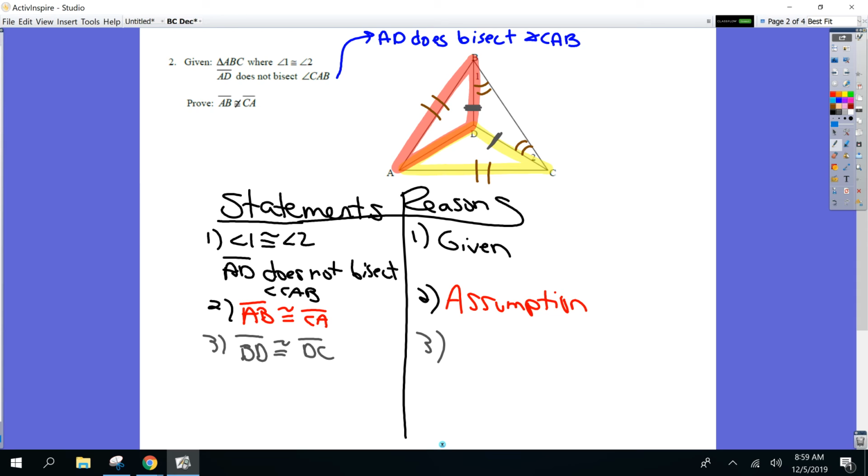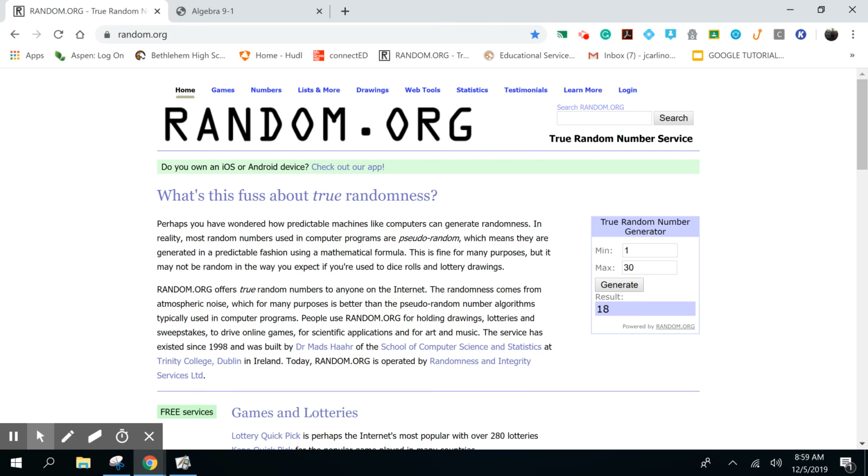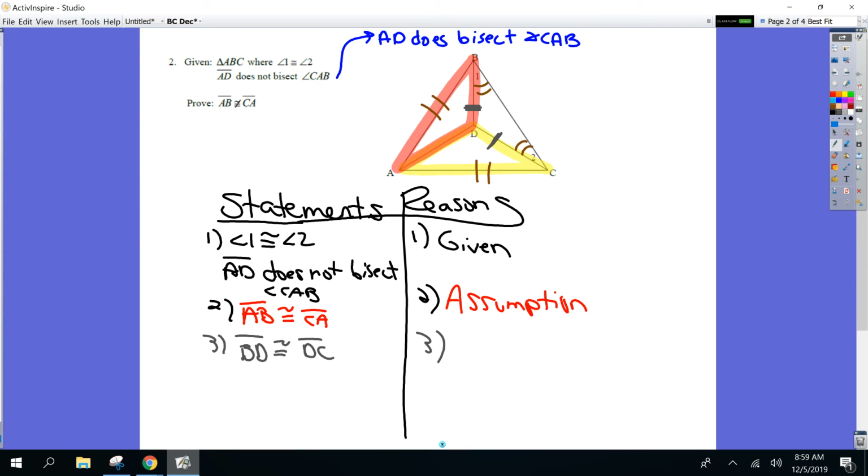A little old theorem here we used back in Unit 4, I believe. Any idea? Okay, I gave you angles 1 and 2, correct? Aren't the angles 1 and 2 in triangle BDC? What type of triangle is BDC then?